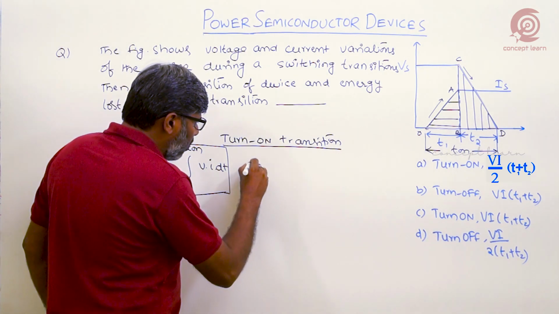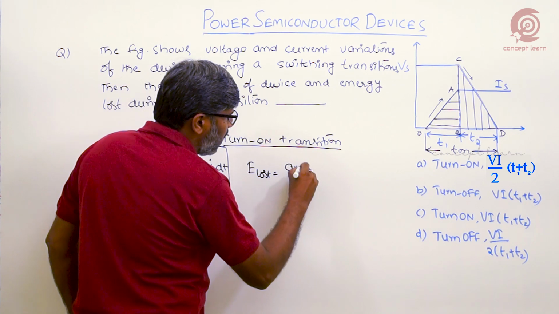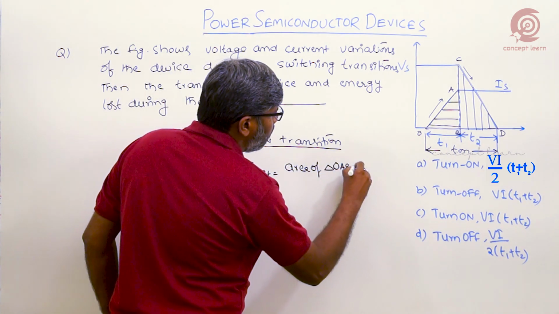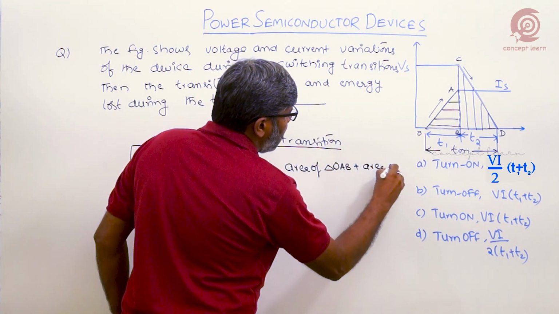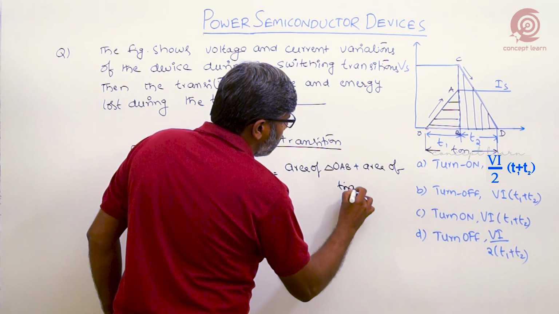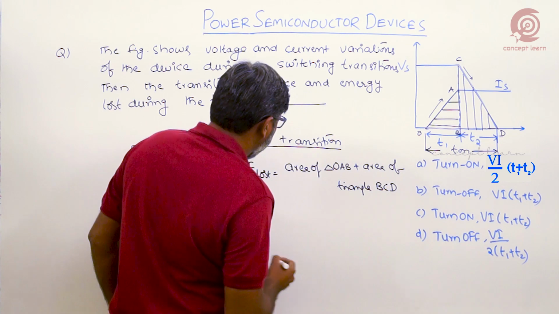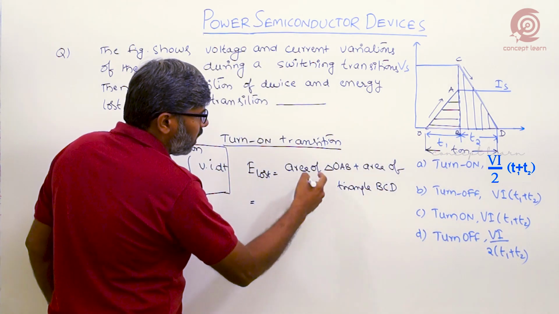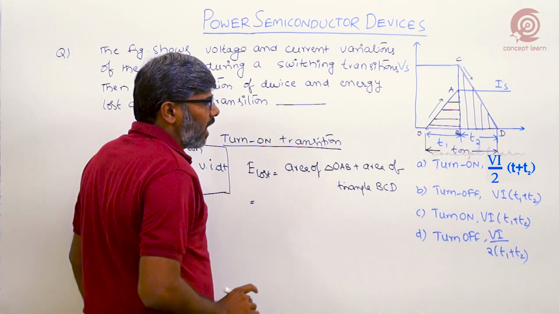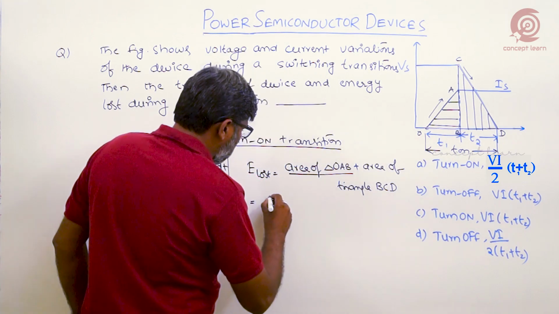So total energy lost is equal to area of triangle OAB plus area of triangle BCD. What is the area of triangle OAB here?